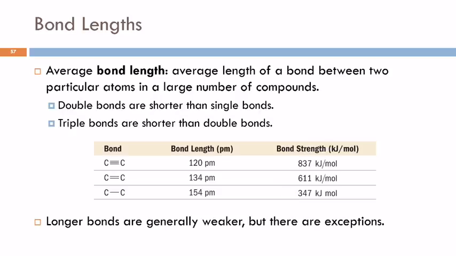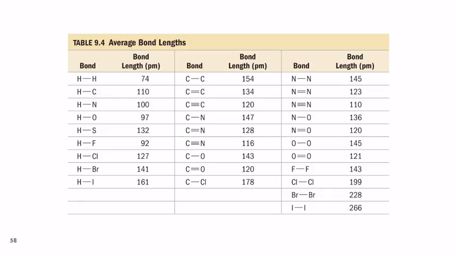That's a general trend, but there are exceptions. And you do not need to memorize bond strengths or bond lengths. There's a table of average bond lengths. And again, we see this pattern between single, double, and triple, that as you increase the number of bonds, it becomes shorter.